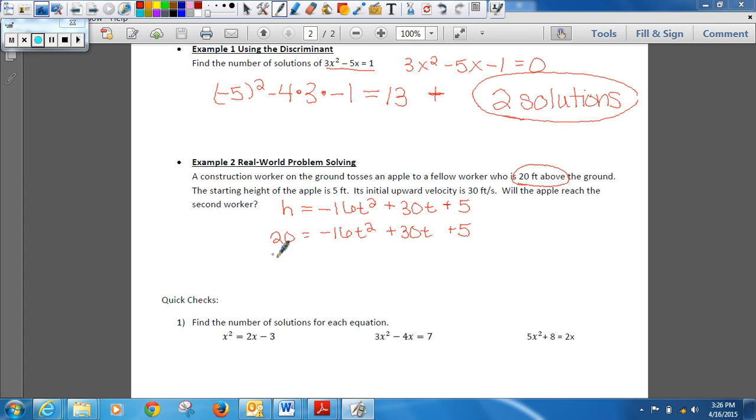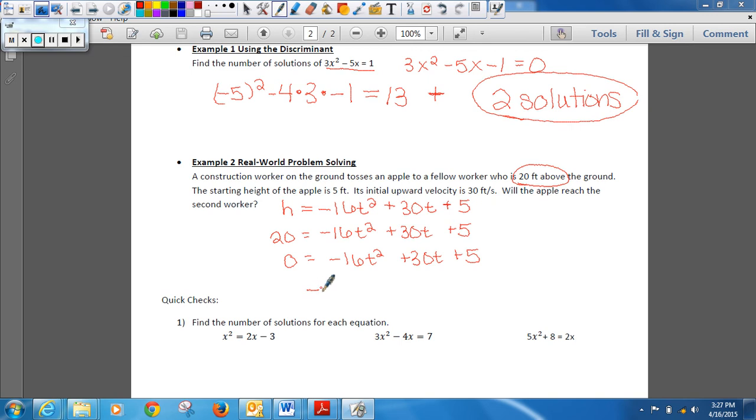So if I do this, I need to get this in standard form, so I need to move that 20. And all it's asking is, would it? It doesn't ask at what time or how much time would pass before it does. So I just need to know, is there a solution to this quadratic equation? So I'm going to just check my discriminant.